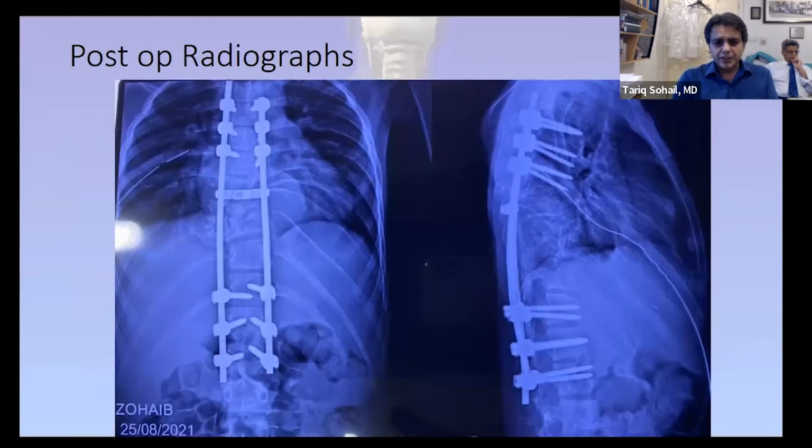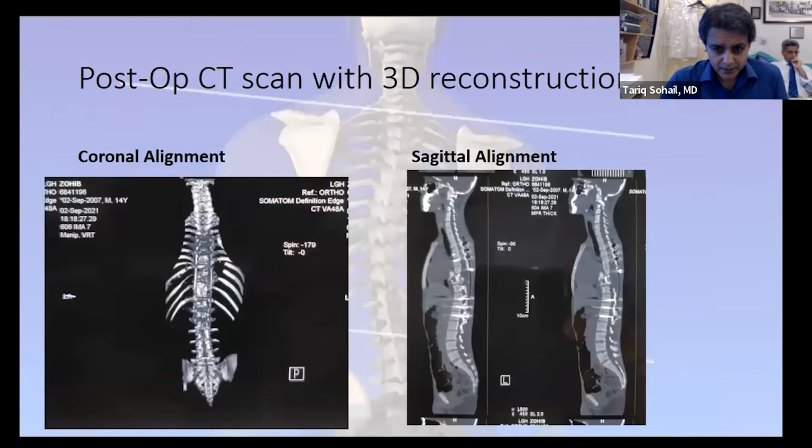These are the post-op radiographs. Here we can see that it is well aligned, both in coronal and sagittal planes, pretty much acceptable. Because of the motor power loss, we sent the patient for a CT reconstruction to see if there were any mispositioned screws, but everything was normal, and the patient improved the very next day, so we didn't take him to surgery for any further decompression.